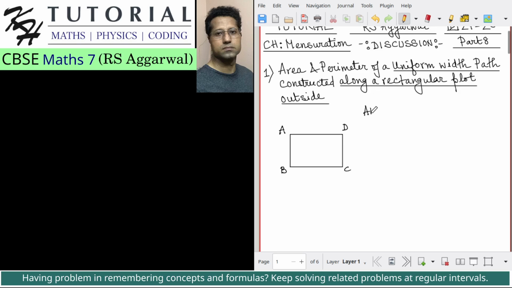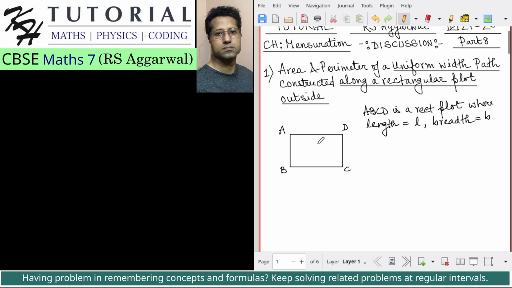So ABCD is a rectangular plot, where the dimensions of the rectangular plot are given: length equals L units and breadth equals B units.